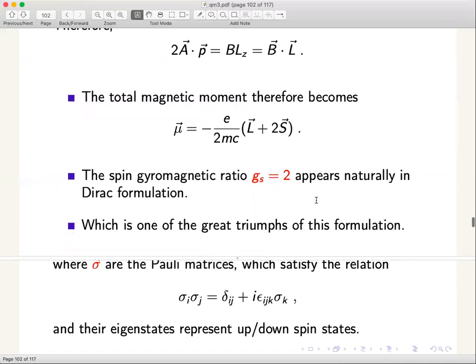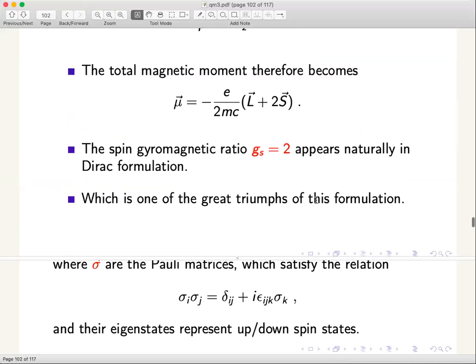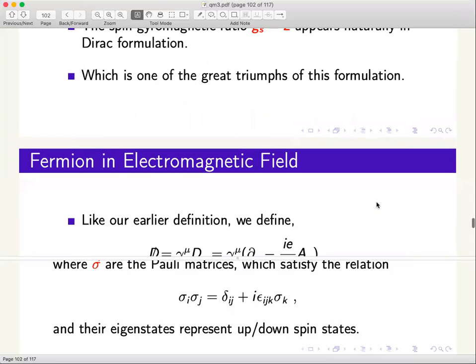One important thing, which is the outcome of the Dirac formulation, is that you naturally get the spin gyromagnetic ratio to be 2. You don't look at the experiment and put the number into the formulation. This was considered one of the great triumphs of this formulation, because the theory gives you this answer and not the experimental data which asks you to put a factor of 2. Okay, good.